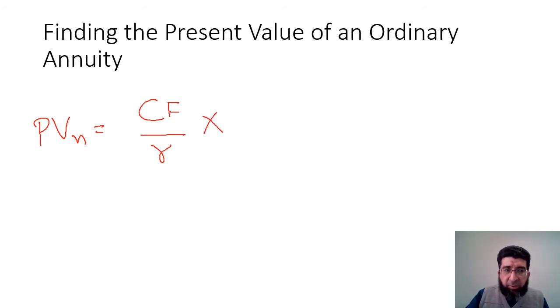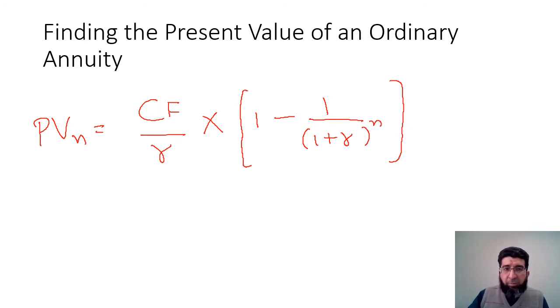And then we have 1 minus 1 over (1 plus r) raised to the power n, all over r. This is our present value of the ordinary annuity. So cash flow we already know. This is the annuity. R is the interest rate.